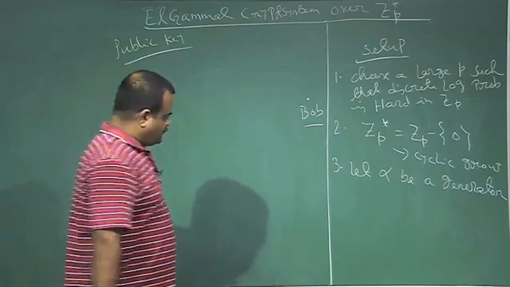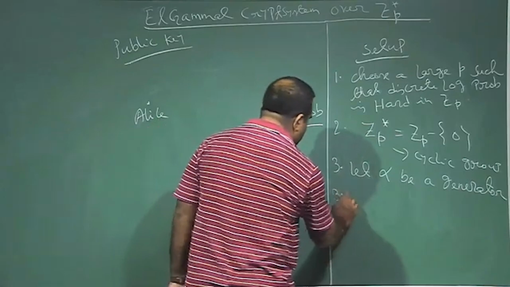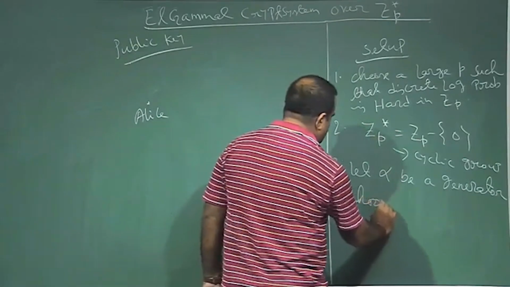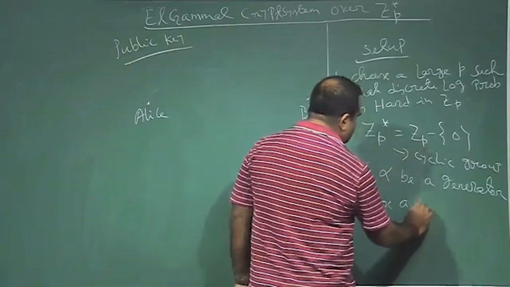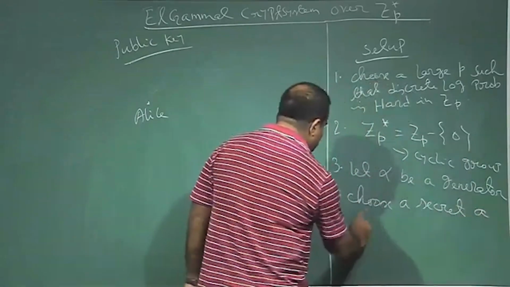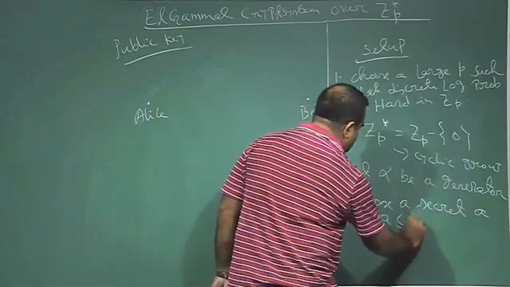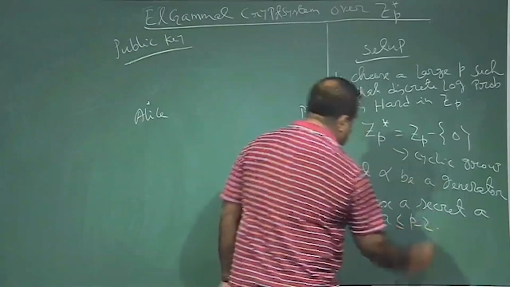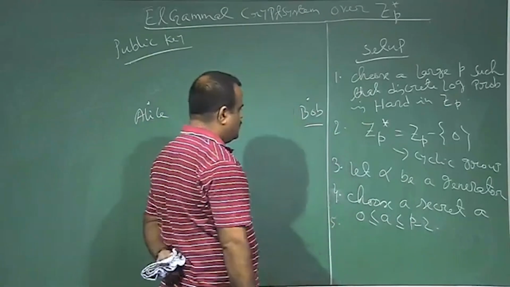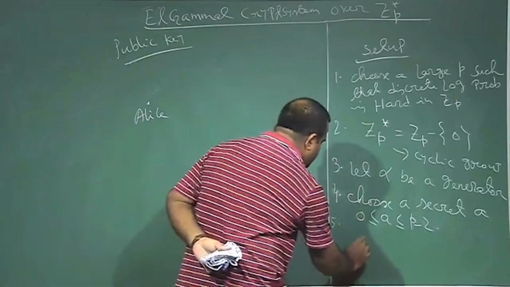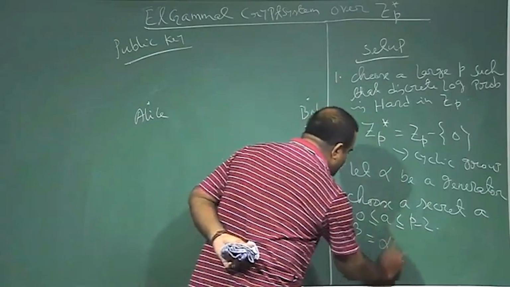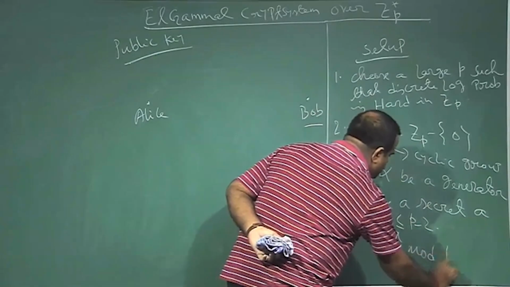Now Bob chooses a secret a, which lies between 0 and p minus 2, and Bob computes beta, which is alpha to the power a mod p.